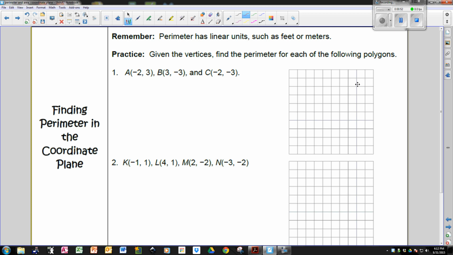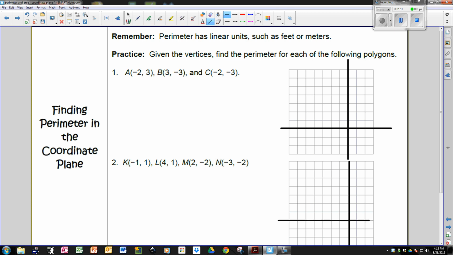Let me make these axes a little darker. We may have to do this on all of them because they seem to be pretty light.